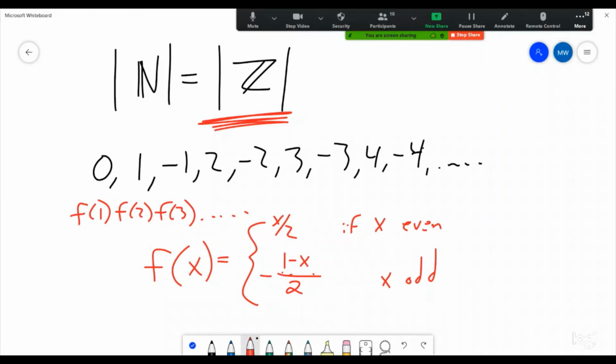But can we do that? If you just list them and then define your function that way, that is a valid way to do it. You just have to justify that you have actually listed every element. That's actually how you prove that the natural numbers have the same size as the rational numbers. You find a clever way to list every rational number.